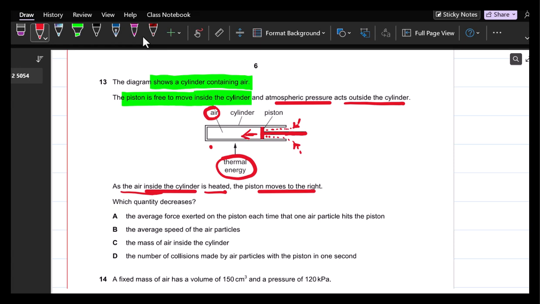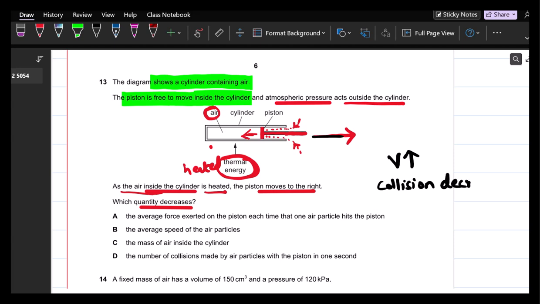When thermal energy is applied, means the air is heated, ये जो पिस्टन है ये राइट साइड पर मूव करना शुरू कर देगा. तो विच क्वांटिटी डिक्रीजेस? तो डियर रिमेंबर, बेटा याद रखनी है एक बात, ये जब पिस्टन इधर मूव करेगा वॉल्यूम विल इंक्रीज. इफ वॉल्यूम इंक्रीजेस, it means collisions decrease, less collision will be there because volume is increasing.